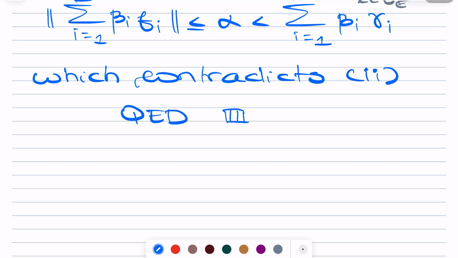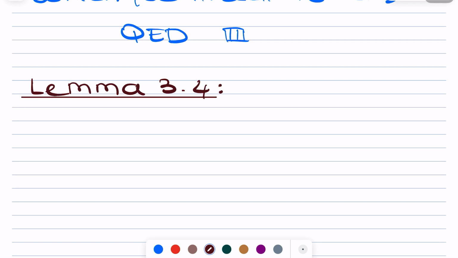Great. So now let's state the second lemma, which is known as the Goldstine Lemma. Lemma 3.4, Goldstine. Let E be a Banach space.